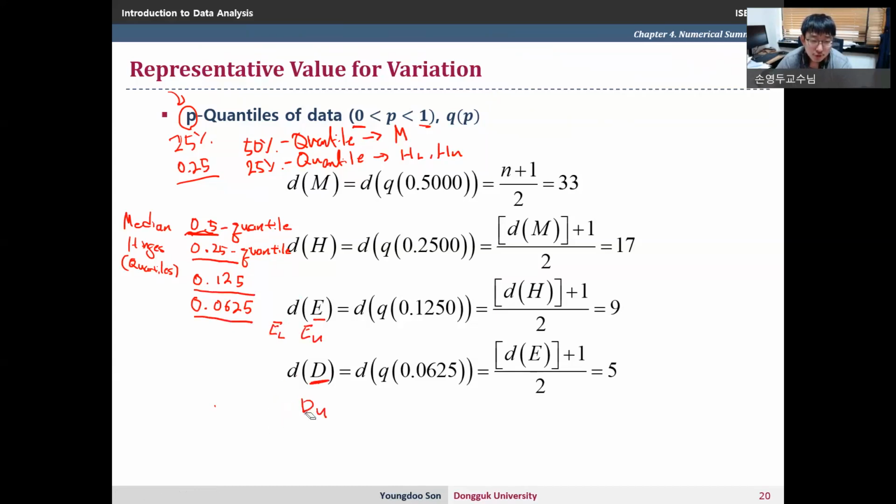These values are used for the numerical summary table, which will be shown in the last part of this chapter. So these are the examples of other p quantiles. Here is the value of the p here. And this QP means the data point located at P's point.